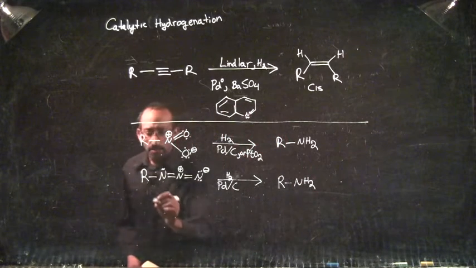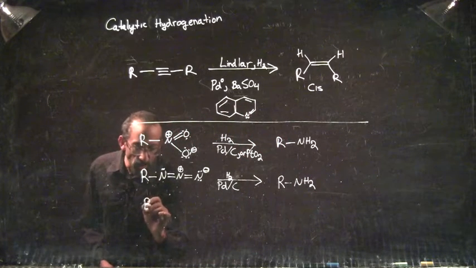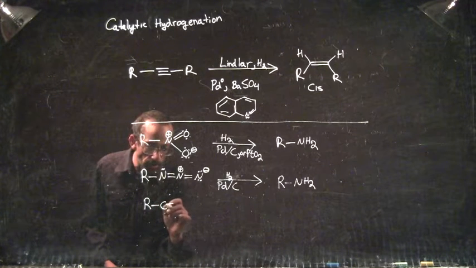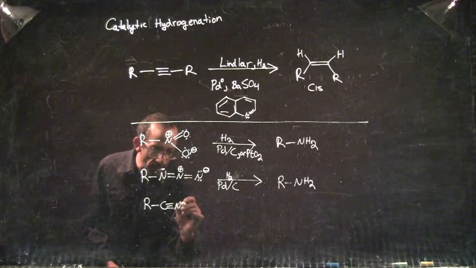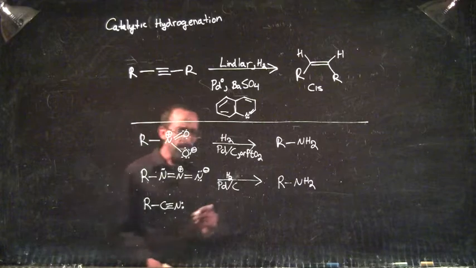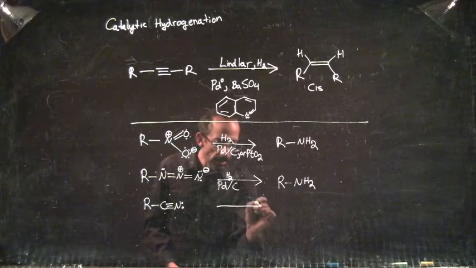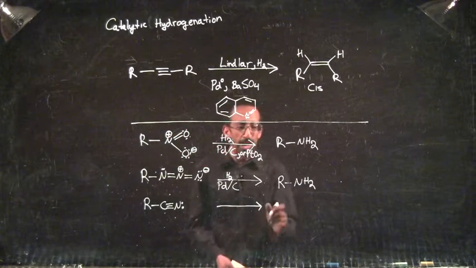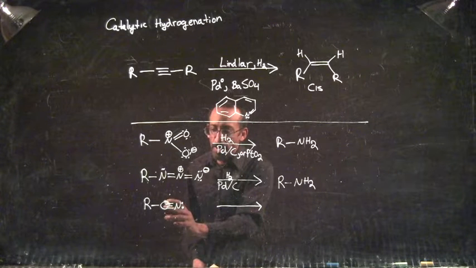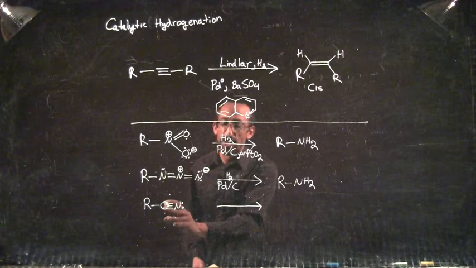And then finally, taking a nitrile or cyano functional group, carbon triple bonded to nitrogen, also produces a primary amine, but this carbon atom picks up 2 hydrogens as well.